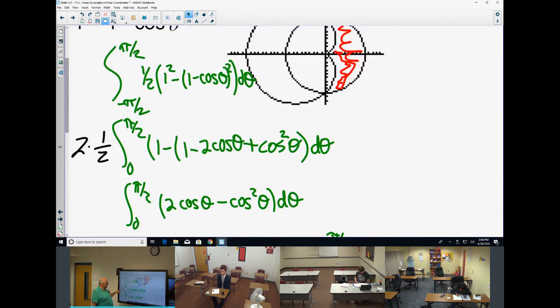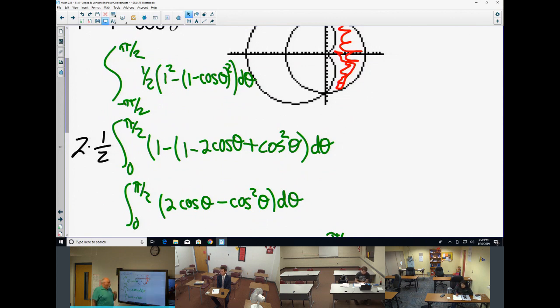And so then these will cancel. Integral from 0 to pi halves. 1 minus 1, that's going to cancel. Minus a negative 2 will become plus 2 cosine theta minus cosine squared theta d theta. And so that's what I would put into the calculator at that point.